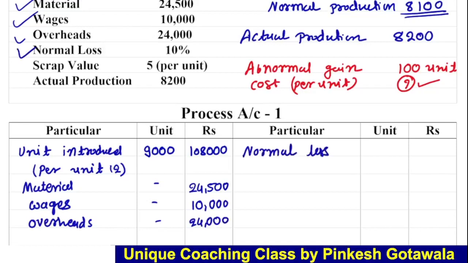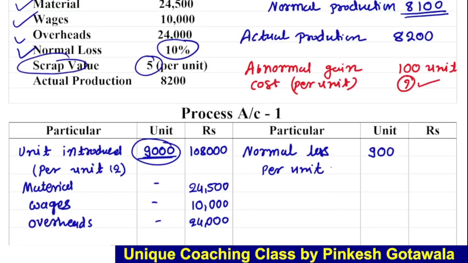Then normal loss is given. Normal loss 10%, and 10% about what? This 9,000 unit introduced, that is 900, and its scrap value is given, that is 5 rupees per unit. So here 4,500. Now in this sum we have an abnormal gain also, right? So first of all, where we have to give effect, debit or credit?